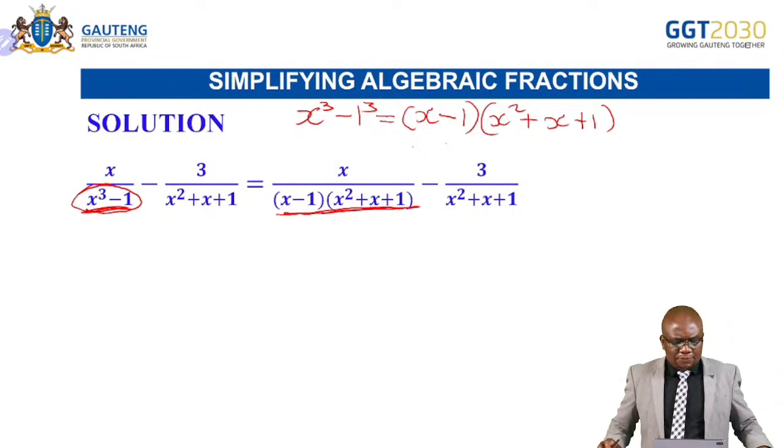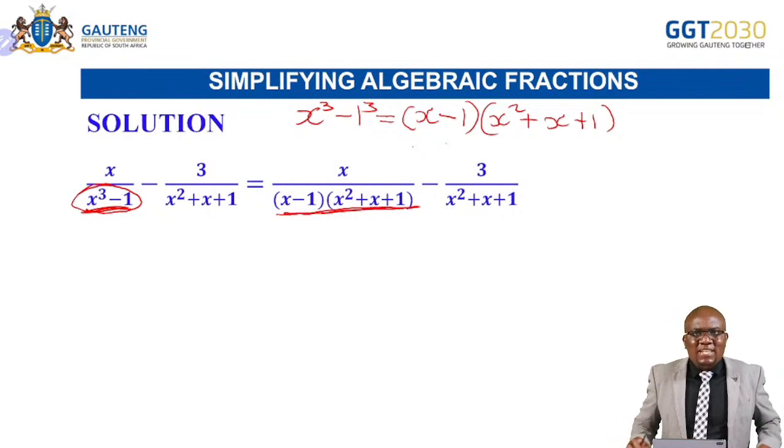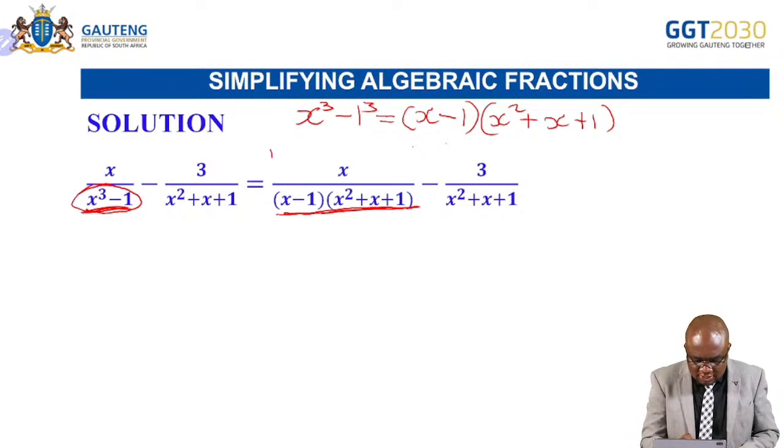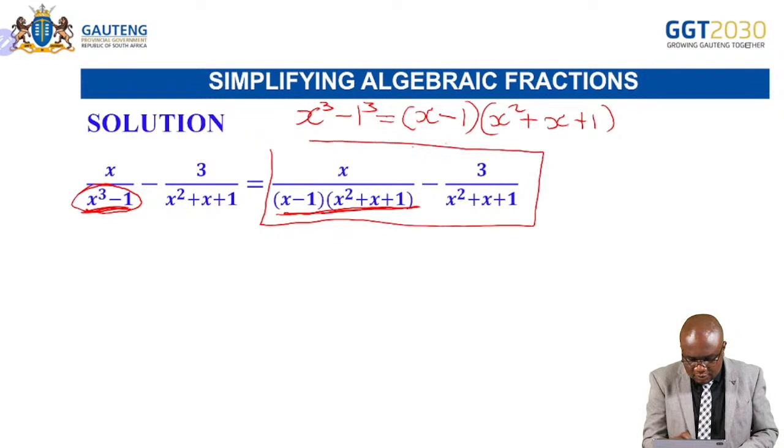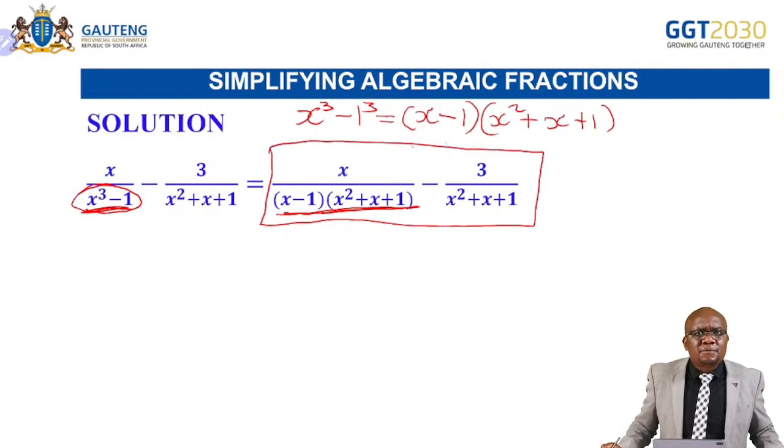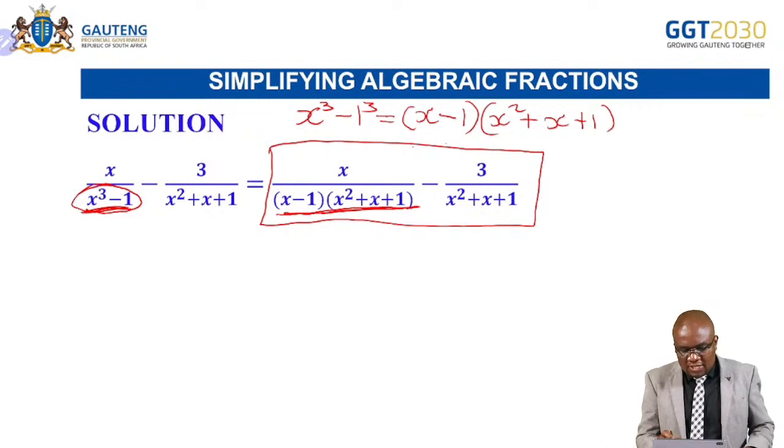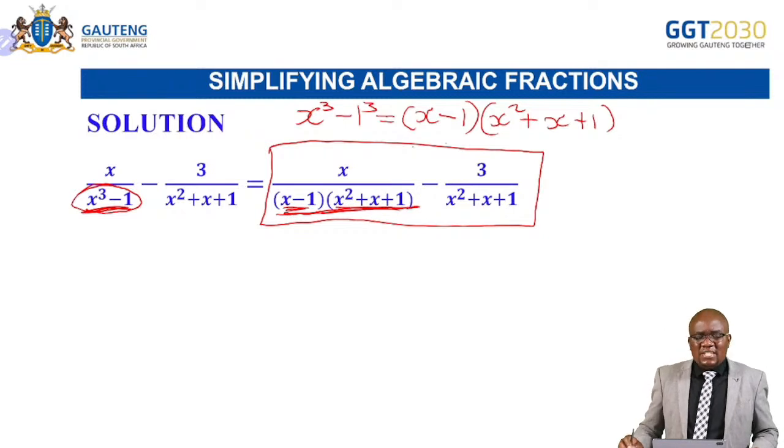Now, almost there. What is the LCD, grade 10s? Just look at these two. It should be x minus 1, and then x squared plus x plus 1. These two brackets, isn't it? So that is the LCD.